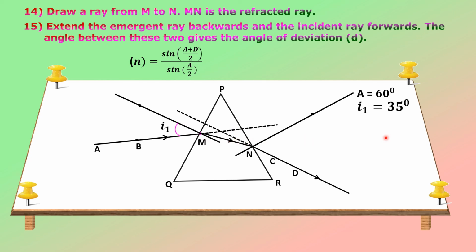We can see all these things clearly. So this is the angle of deviation that we have to measure. See here, this is the angle of incidence. Here, this is the angle of emergence I2, and this is the angle of deviation. So in each case, we are going to find the angle of deviation. Later, we have to draw a graph to find the angle of minimum deviation, capital D.